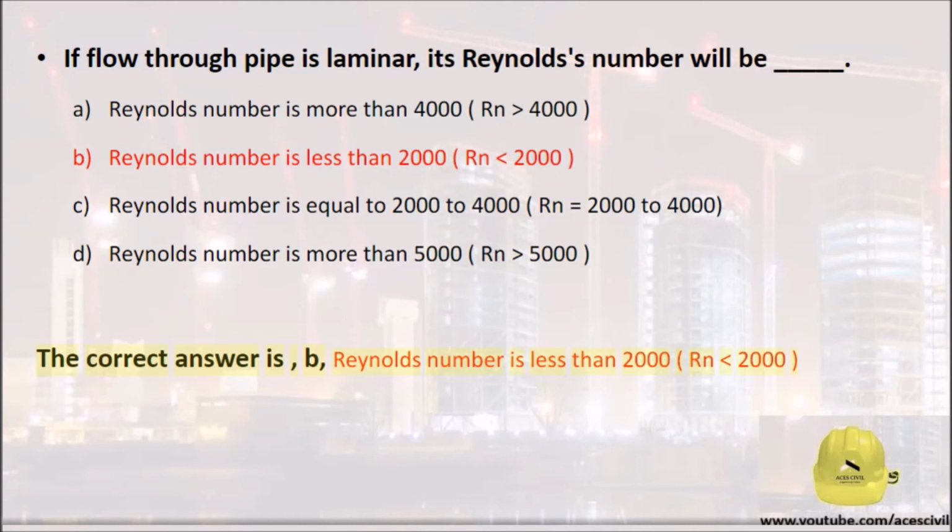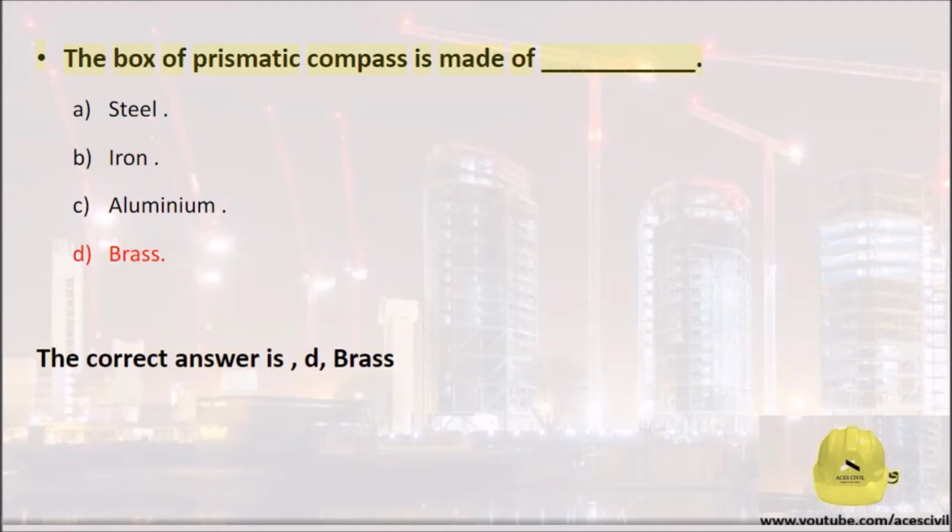The correct answer is B. Reynolds number is less than 2000. The box of a prismatic compass is made of: A. Steel, B. Iron, C. Aluminium, D. Brass. The correct answer is D. Brass.